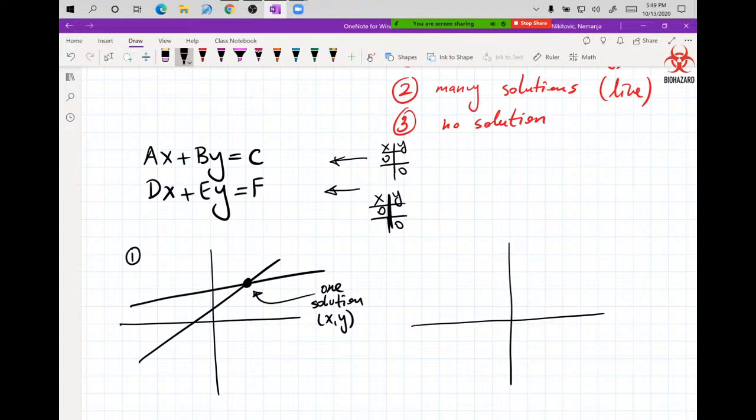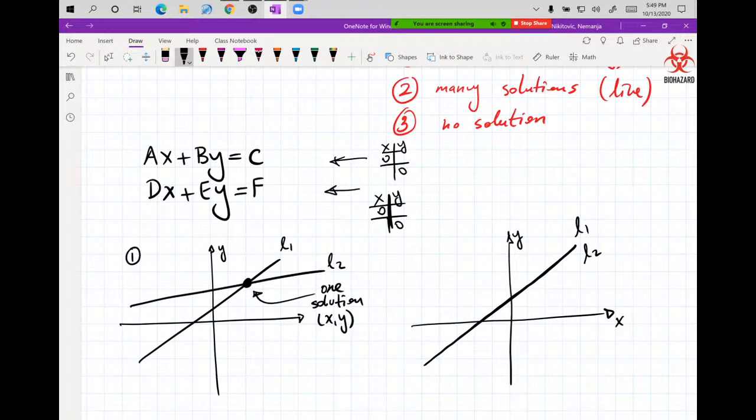They can also graph, so we can call this line 1 and line 2, all right? They can also graph one on top of the other. So this is line 1 and then line 2, which is actually the same line, right? So if I have these two be the same line, then in that case we say infinitely many solutions.